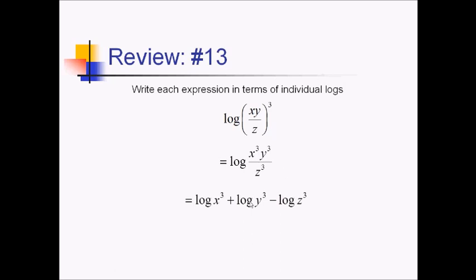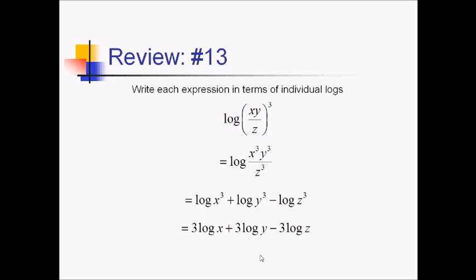Next, I don't want these exponents inside the logs, so I'm going to use my pop-out rule, where I'm turning the exponent into a coefficient outside the logarithm. So this is really 3 log of x plus 3 log of y minus 3 log of z. And if you had popped this 3 out in the very beginning, you could have written this as 3 times the quantity log x plus log y minus log z, and that also would have been technically correct here.